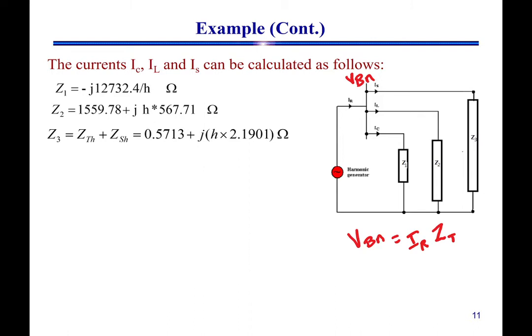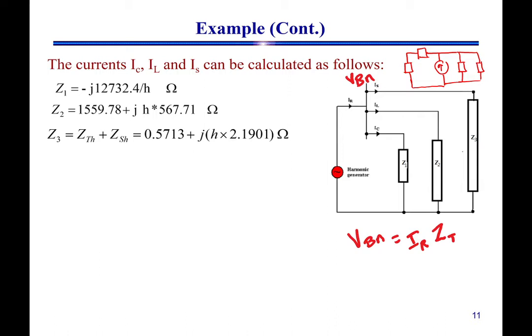So again, if we recall what we have at the harmonic frequency: the load impedance, the capacitor bank, and then the transformer and the source impedance. So this is what we have, right?